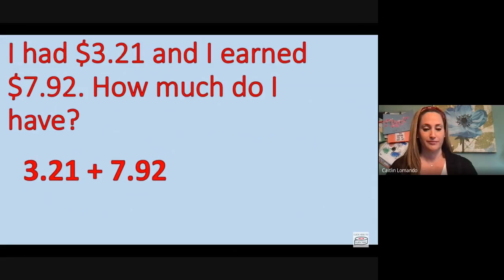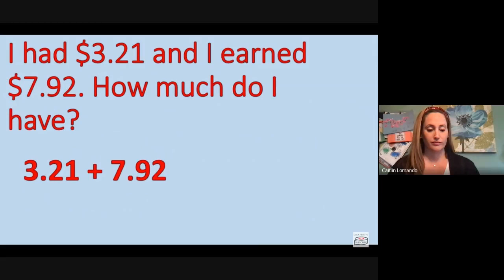So here is our first example with addition. I had $3.21 and I earned $7.92. How much do I have now? Any question like this where you will be joining two groups together or two amounts together, you'll be increasing an amount by a certain amount, then you'll do that using addition of decimals.